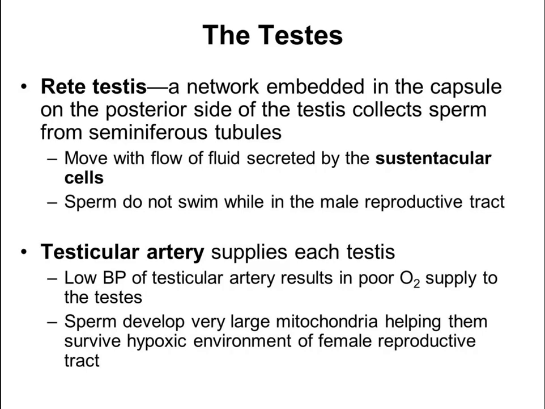Remember, the mitochondria is the powerhouse of the cell. And they produce a large number of these because it helps them survive this hypoxic environment of the female reproductive tract.